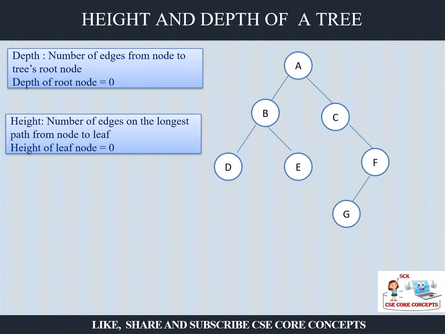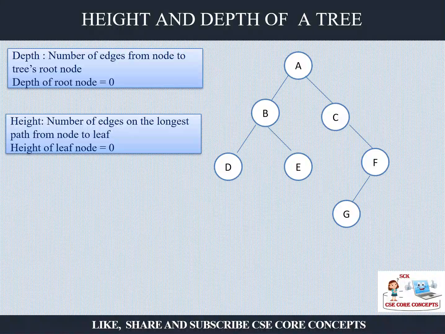If we are considering the height, it is the number of edges on the longest path from the node to a leaf. If you want to find the height of any node, you find the distance between that node and the leaf node. Let's say you are considering node D. D itself is a leaf node.